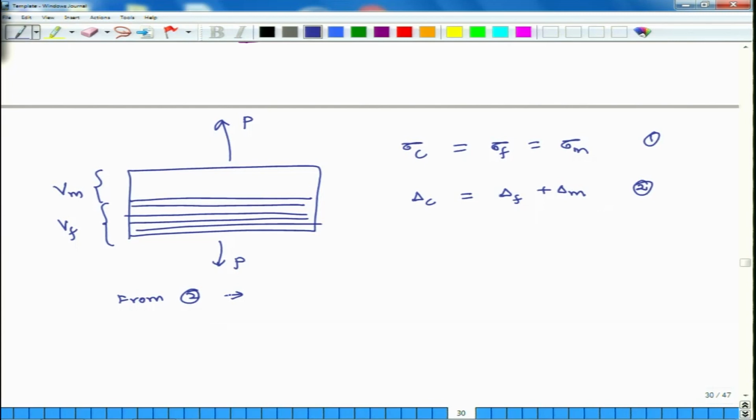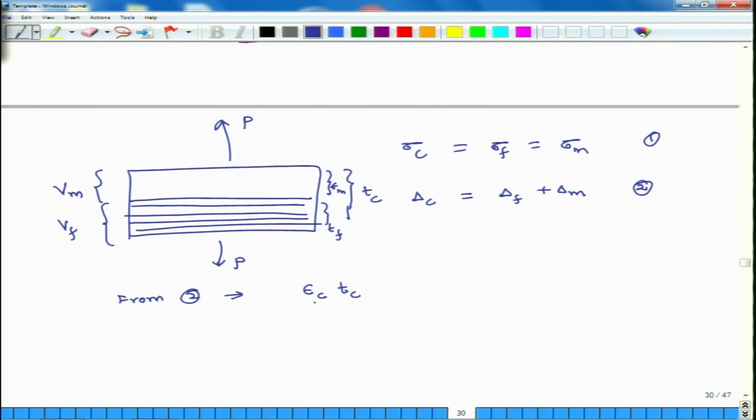what do we get? We can expand this stretching. So, expansion in the composite is nothing but strain in composite in the transverse direction times the thickness of composite. So, this is my total thickness Tc, this is Tm and this is Tf. Okay.